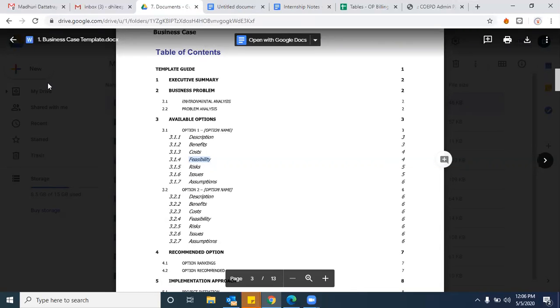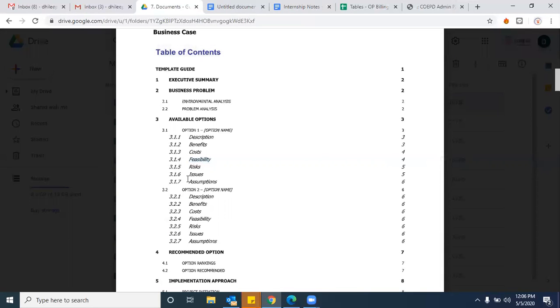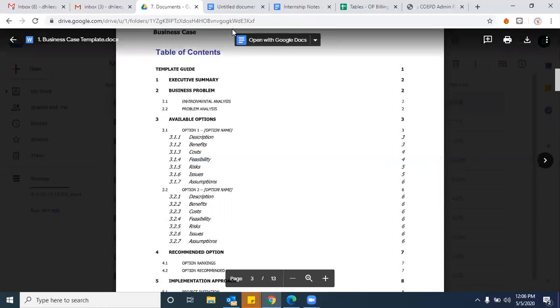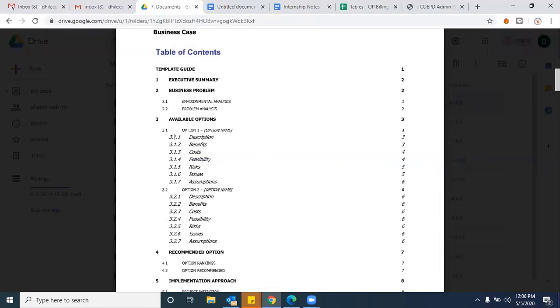What sort of risks are influencing here to implement this solution, and whether those risks can be addressed or not, those risks we need to identify here along with issues, and ultimately you can take assumptions for all the options. Even in the solution we have assumptions, if you remember, right? So concerning all these elements, you need to discuss each option.